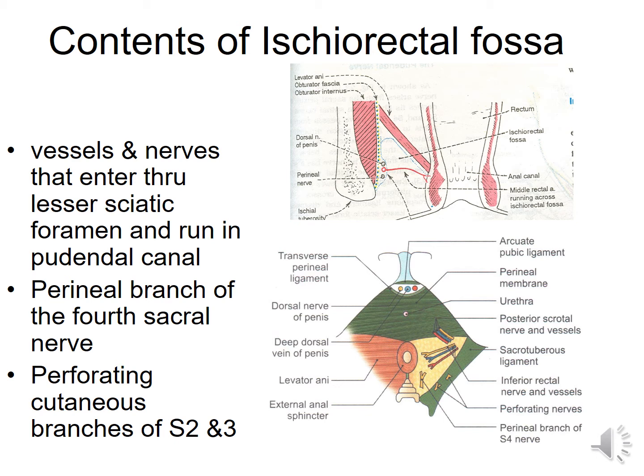Levator ani muscle with its fascia, obturator internus with its fascia, and then we can see the pudendal canal with its contents. Internal pudendal artery is lying in the pudendal canal, perineal nerve, and then we can also see how the middle rectal artery is turning across the ischiorectal fossa. So certain contents can be seen in this diagram.